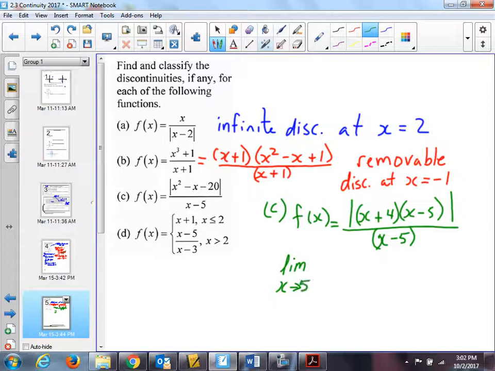I can see that it's going to be removed. I'll rewrite this, and I know it seems silly, but I should have put the limit notation in in the first place.